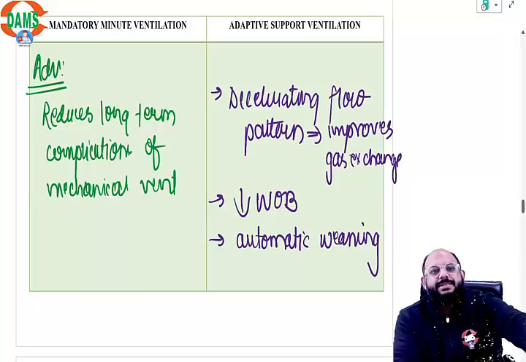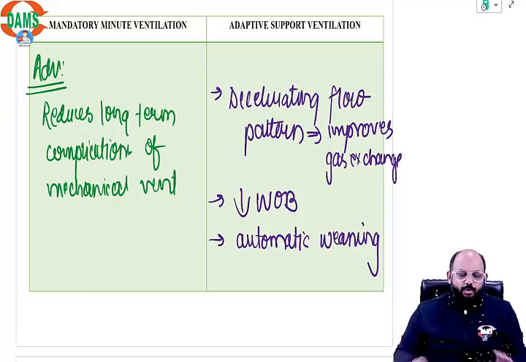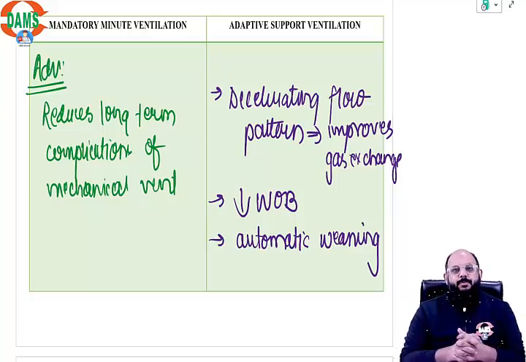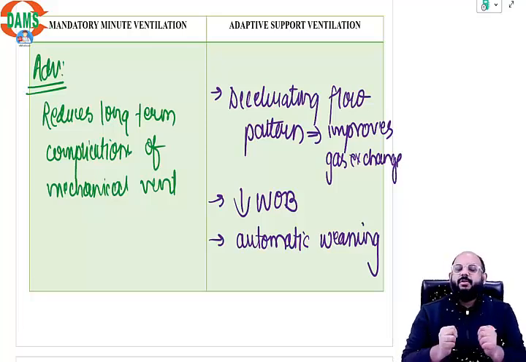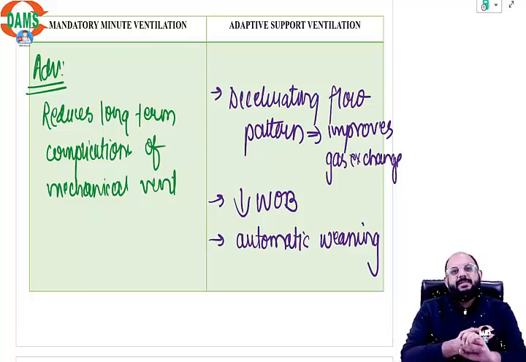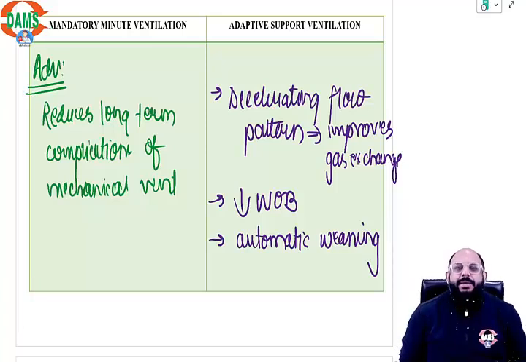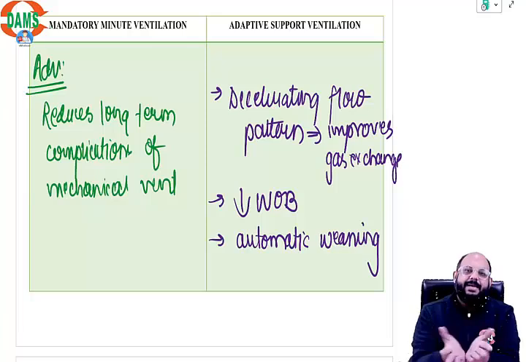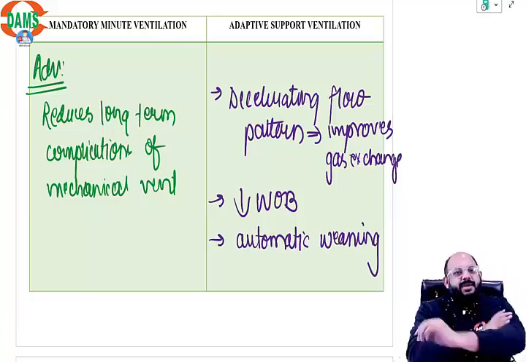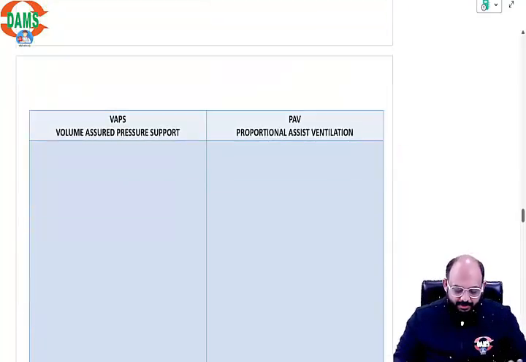So I told you basically both the modes are same. Only thing is that adaptive support ventilation takes it one step ahead. In mandatory minute ventilation, the only feedback that the ventilator gets is, whatever you have set, but you have to set the tidal volume, you have to set the respiratory rate, and then you have to set the minute ventilation. Here you don't have to do anything. Everything is done by the ventilator. It only decides what it wants to give. It just makes sure that the patient receives what you intend for the patient to receive.